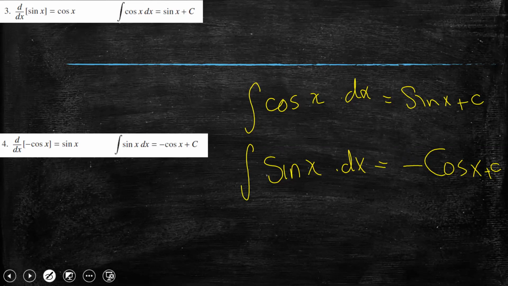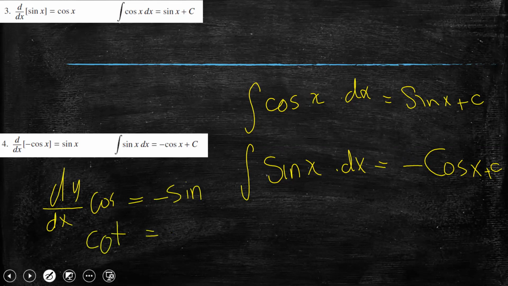The differentiation of any trigonometric function, like dy over dx for cosine, is negative sine, and for cotan it is negative cosecant squared. So I mean that if you have C, you have a negative sign.